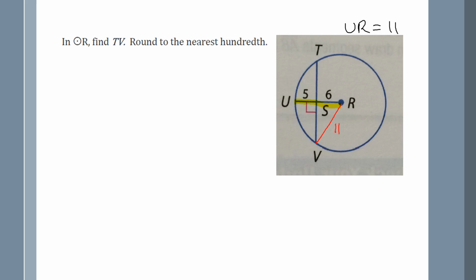So because I have a right angle right here, I have a right triangle now. I know 11 is the hypotenuse. So SV squared plus 6 squared equals 11 squared. So SV squared plus 36 equals 121.